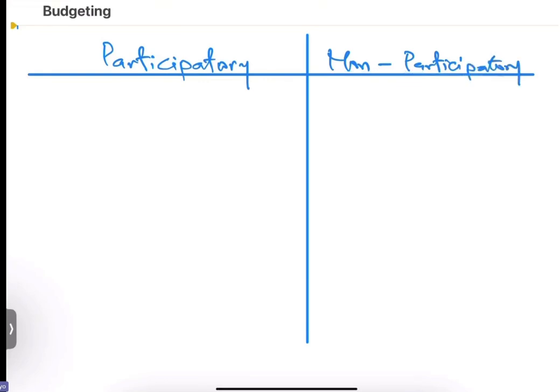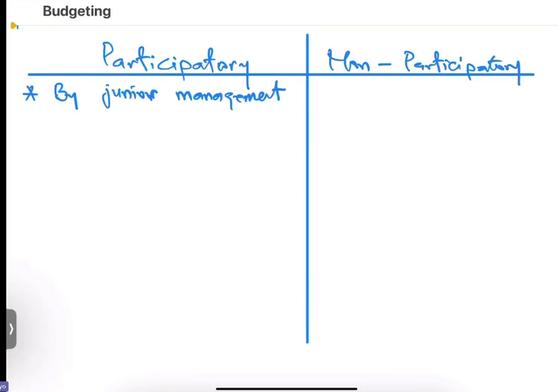Participatory means a lot of people are involved, right? But not just by that. The easiest way to think about it is that the budget is prepared by junior management, which means the managers are the ones preparing their budgets. Once they are done preparing it, they send it to senior management for approval.